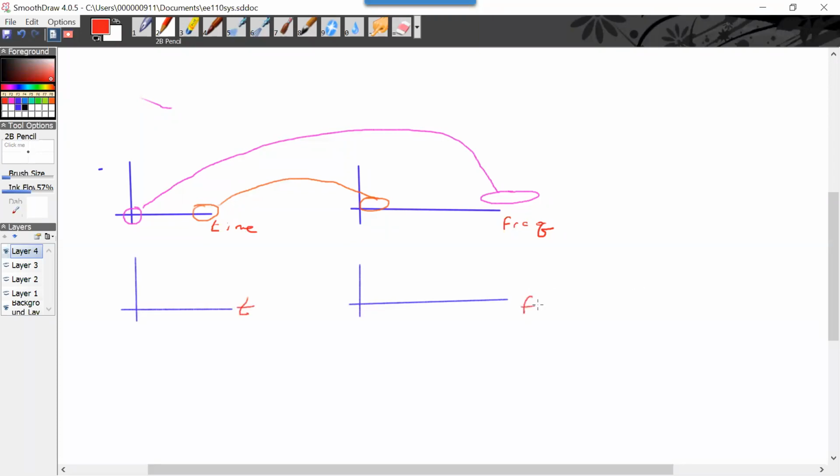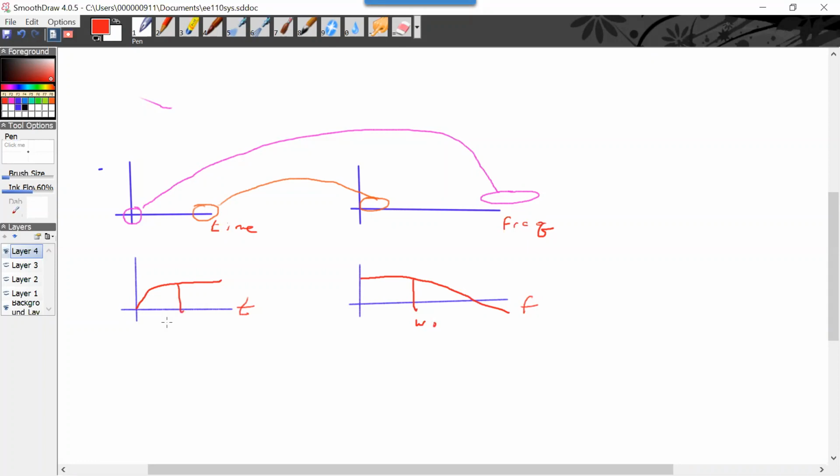So time, frequency, low pass does this. That's omega naught.